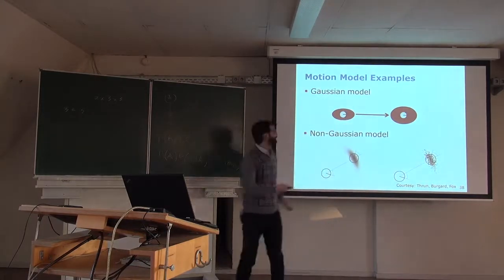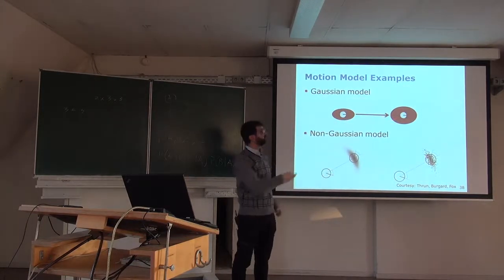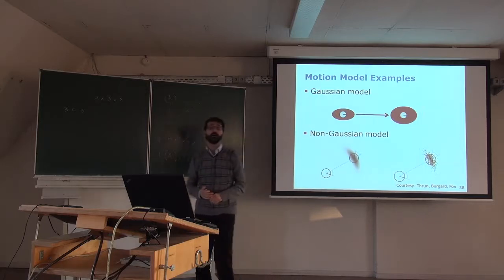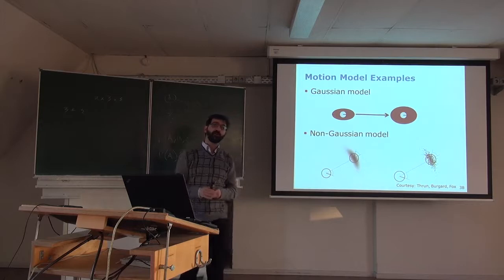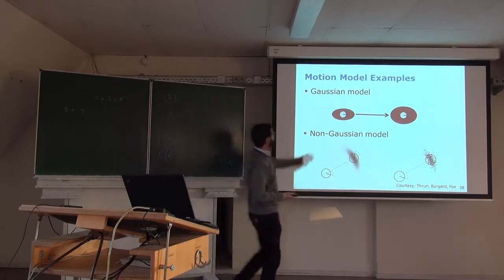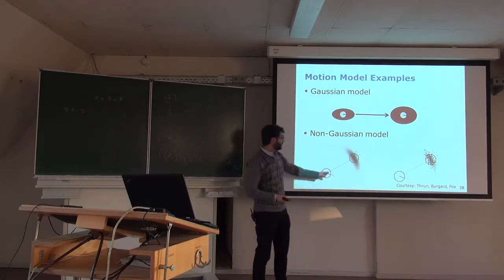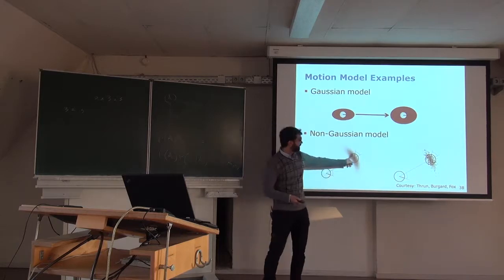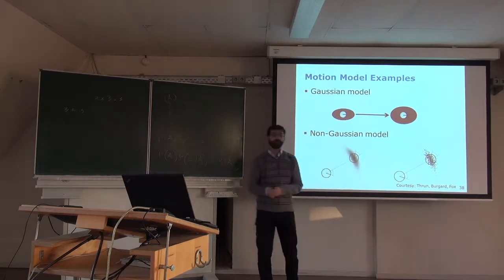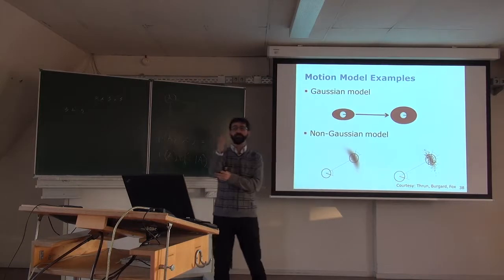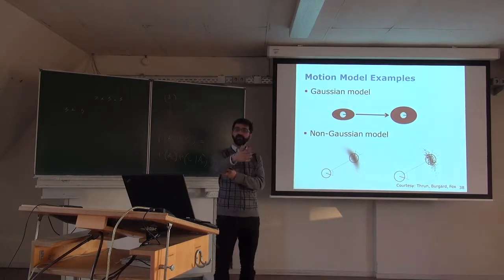And there is also some noise in the motion, so we increase the covariance, the uncertainty of our position. But we can also have something which is non-Gaussian, so you can imagine here that the robot goes here and has this nice banana shape, and that's because uncertainty and noise have a lever arm effect. So the further you go, the more the uncertainty grows, and you just see that there is this kind of moon-shaped arc.